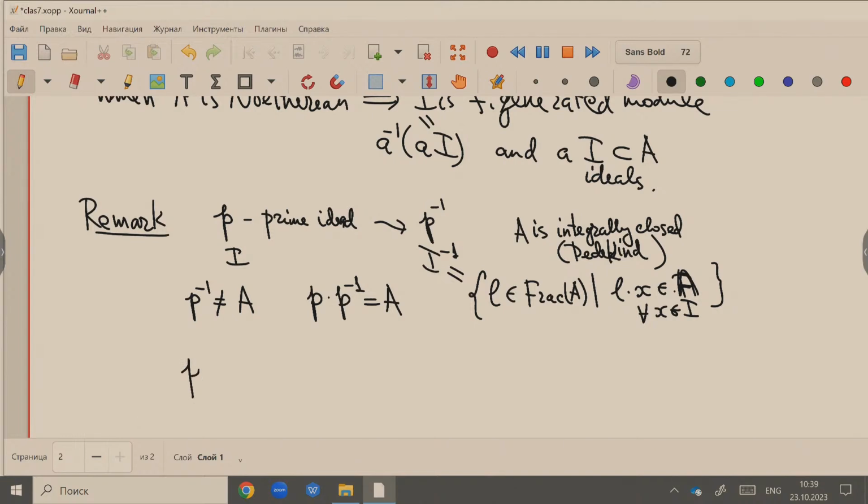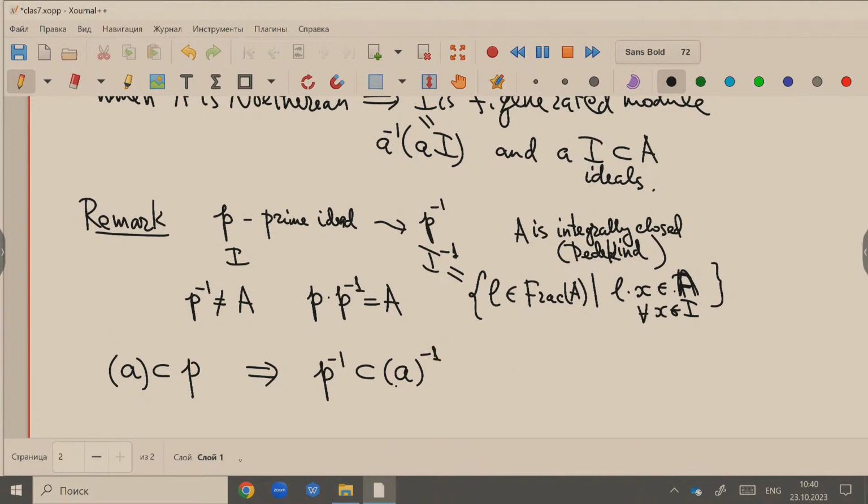And notice that if you take an element and you take inverses, then inclusions will be reversed. So here you will have P inverse bounded by A inverse, the inverse of the principal ideal.